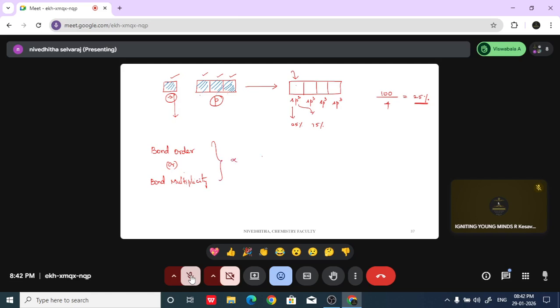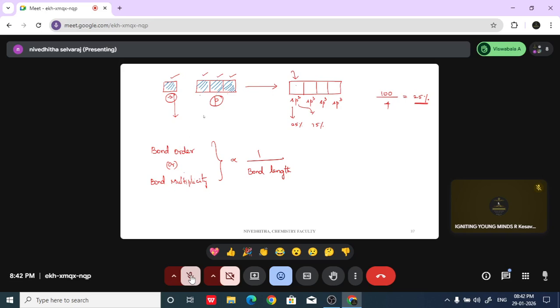And it is inversely proportional to bond length. As the number of chemical bonds increases, the distance between the atoms decreases. Any doubt? No, ma'am.